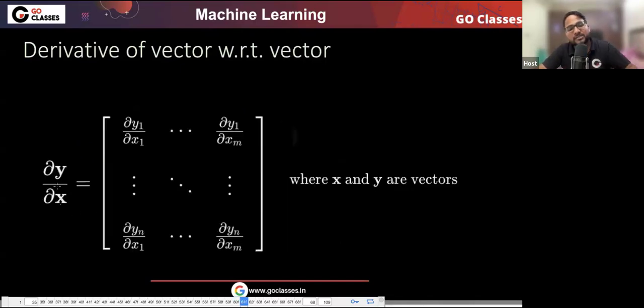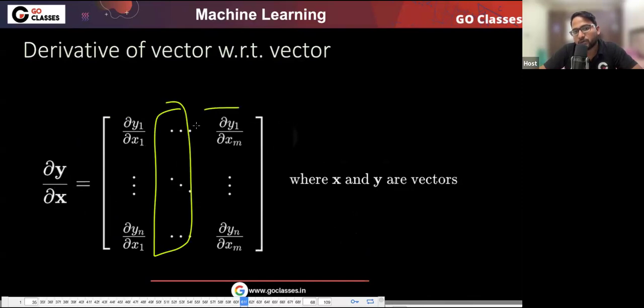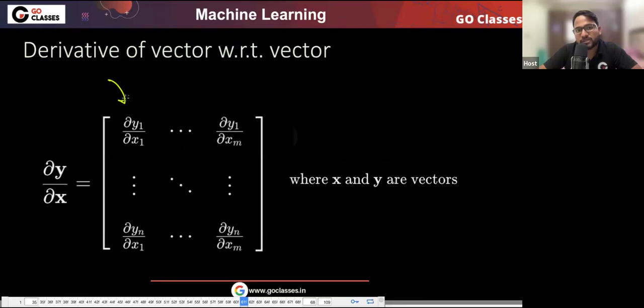If x is also a vector, then each y will not only get differentiated with x1, it will also get differentiated with x2, and with xm. So each of this y I'm differentiating first. This is the differentiation with respect to x1, and so on, right?